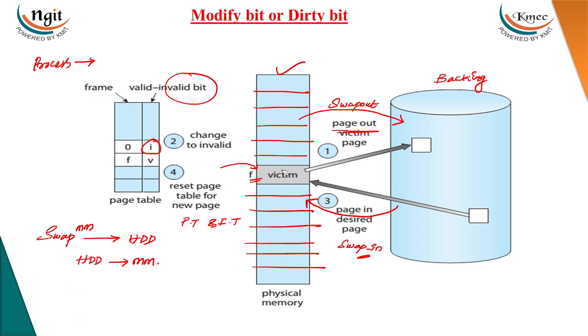To find out whether the contents are changed or not, we need to add one more bit, called the dirty bit, to the page table. So the page table will also have one more column that says whether the page contents are modified or not, that is, whether this victim page's contents are modified.